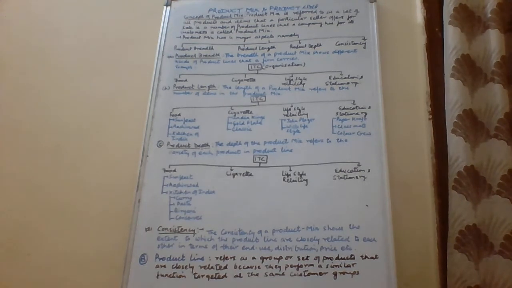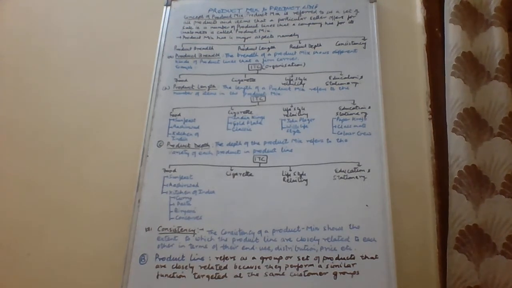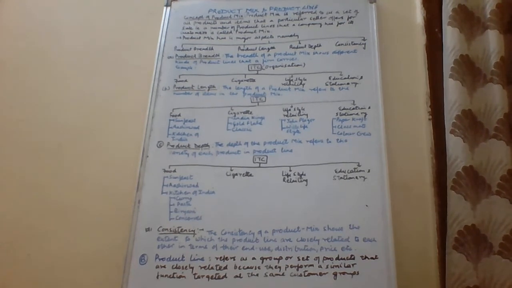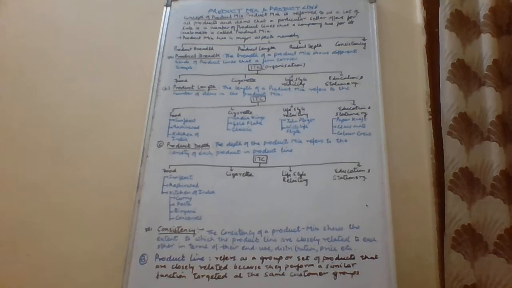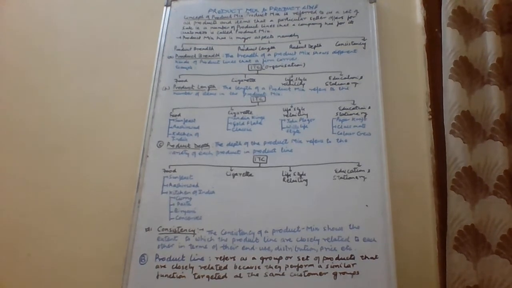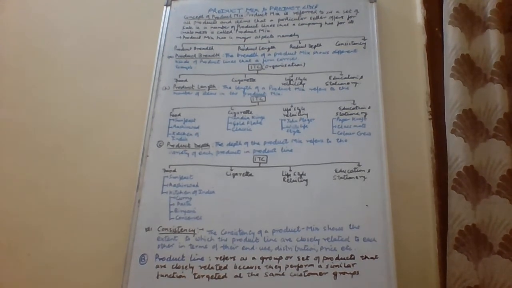remotely connected anywhere. Now, the question arises as to what consistency then means. Consistency means, for any organization, for example, I take Maggi. Maggi are into noodles, they are into ketchup, they are into Maggi Masala. So this is where it is consistency, because they are using other product lines closely related with the one product line.